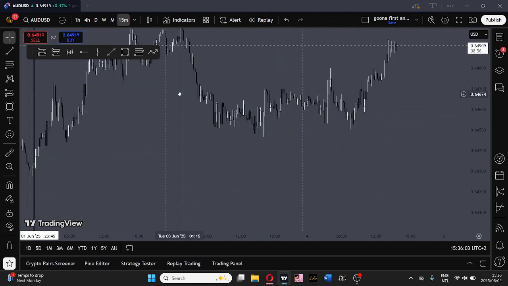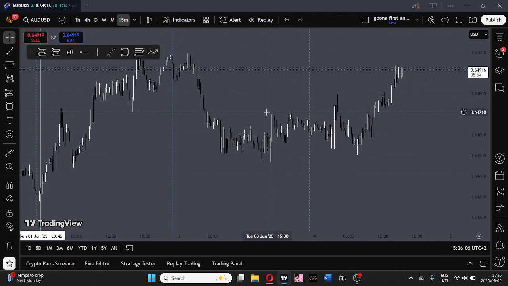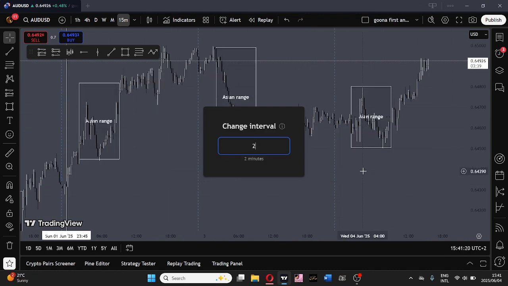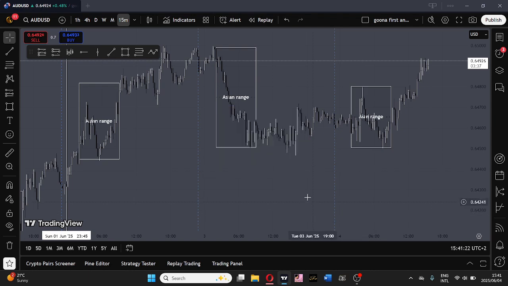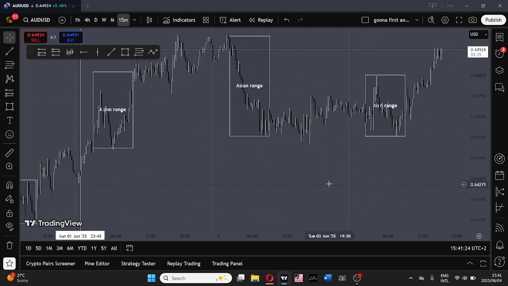Let me mark out what happened for the following week, which is this week. Today is Wednesday, so I marked yesterday's Asian range and Monday's Asian range.